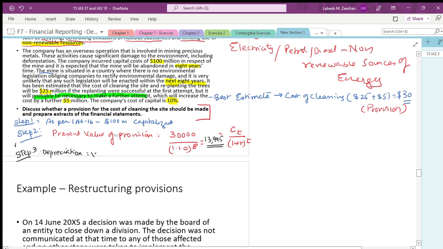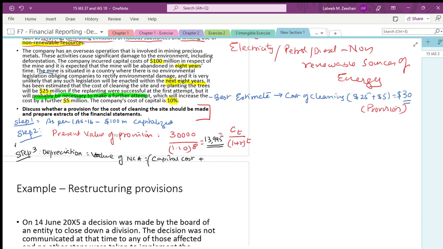Value of the non-current asset: you have the capital cost. Capital cost plus this amount you have to add. How much you have to add? See, provision is how much? 13,995. See what happens? Total cost divided by life.